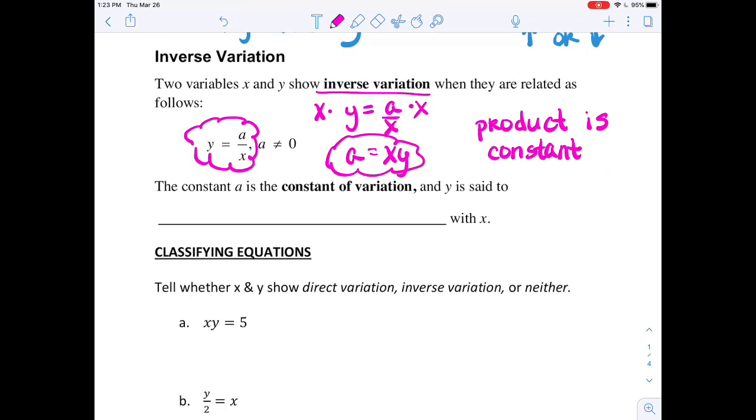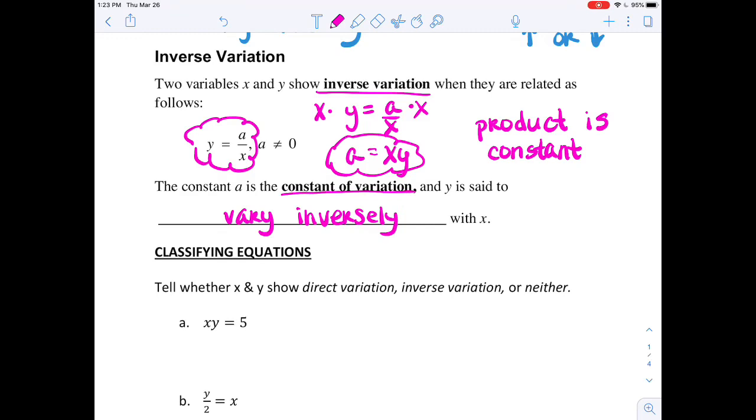Our a is still the constant of variation, but this time y is varying inversely with x. So vary inversely. All right, in this case, if we plug in bigger and bigger numbers for x, y is going to go down.